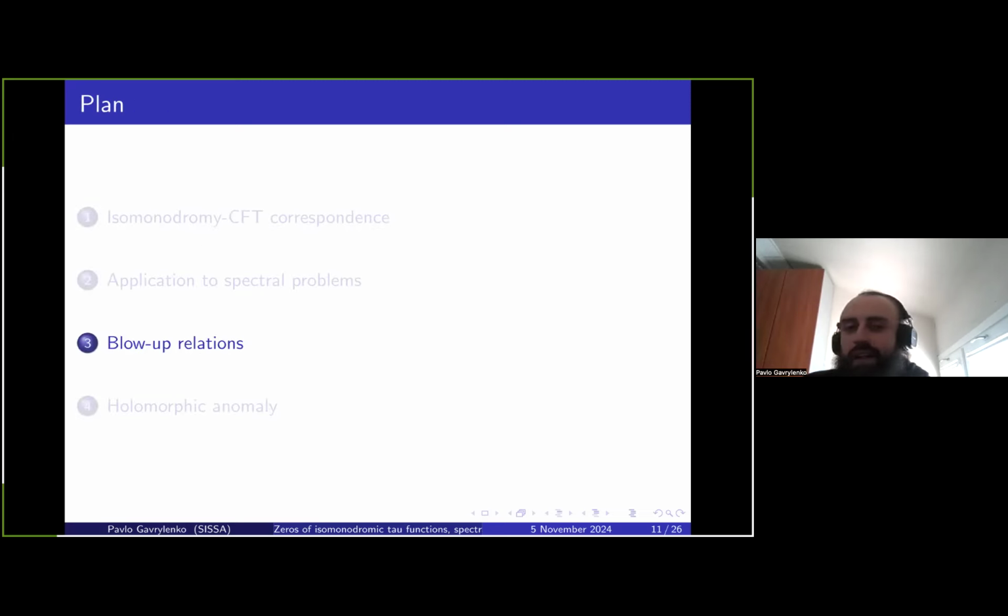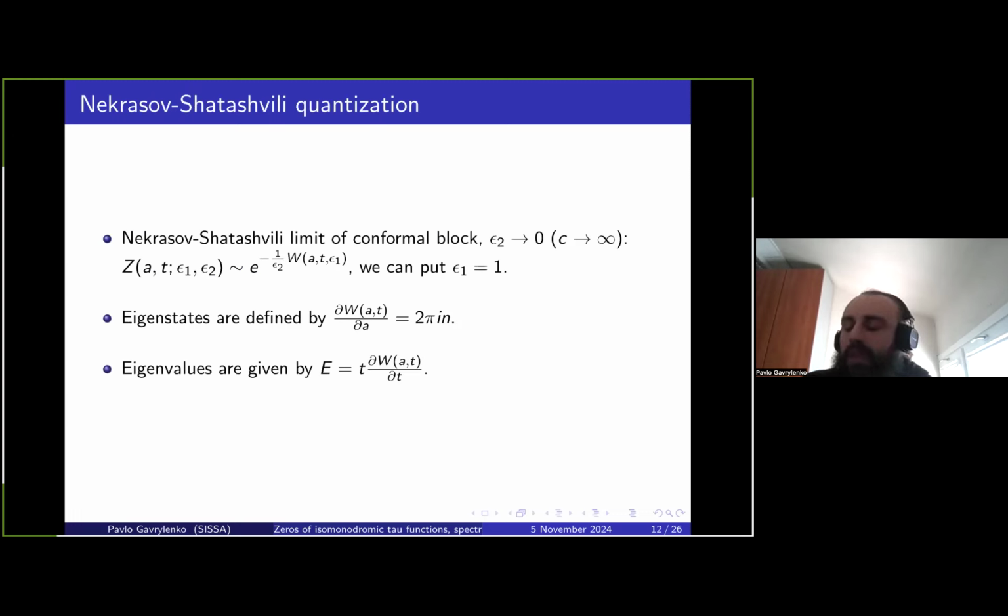Now I can tell a little bit different story, which is older than all this, but of course not older than the Painlevé equations. It is a story about Nekrasov-Shatashvili quantization. So there is some other way to describe these quantum mechanical potentials, which is as follows.